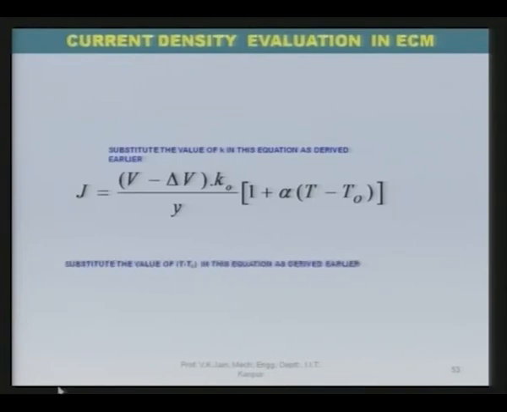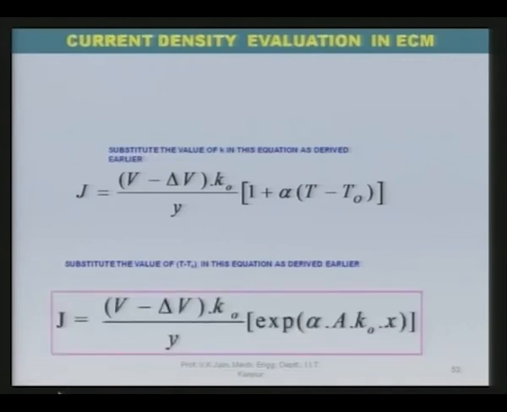Substitute the value of T minus T0 as derived earlier, and you get the final equation: J is equal to (V minus delta V) K0 multiplied by exponent alpha A K0 x. From this equation we can finally calculate the current density at a particular point after accounting for the variation in the temperature as well as the void fraction.